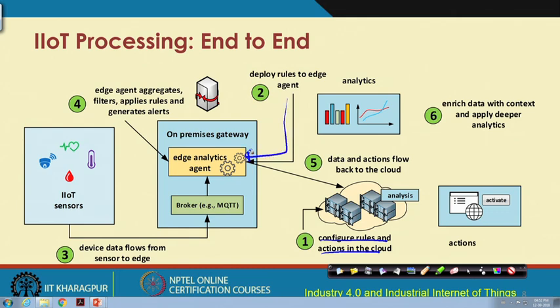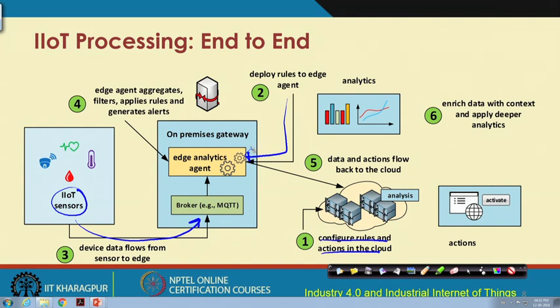This deployment will have to be done. Next, the device data will flow from these IIoT sensors. This device data are going to flow from the sensors or the end devices to the edge device, right.